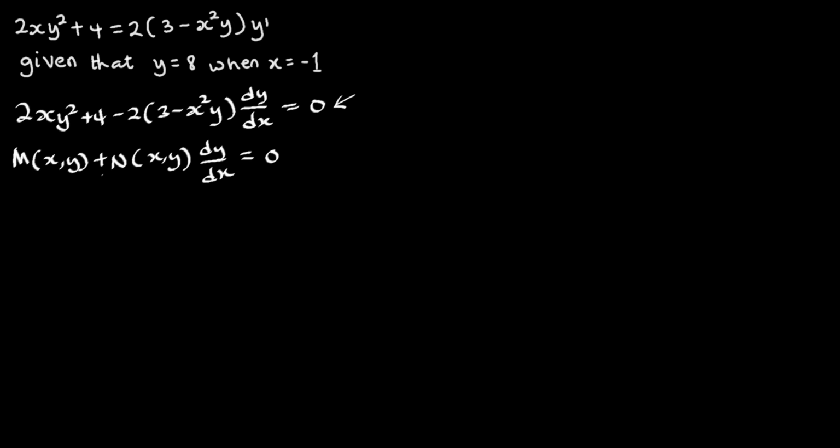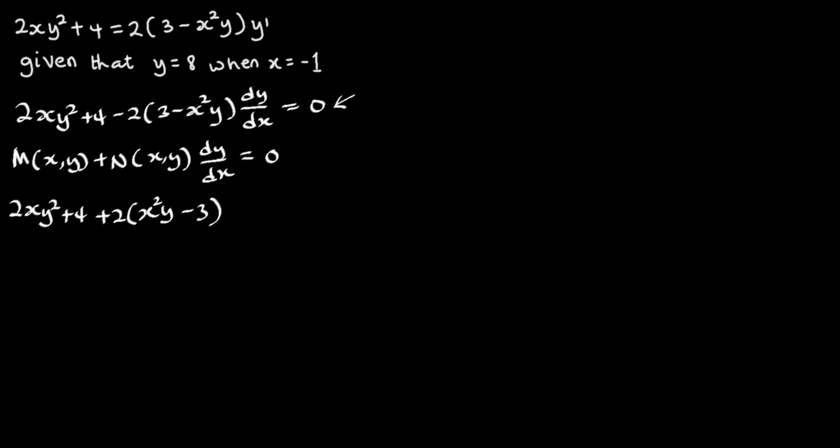But for the general form, you see that the M of x,y and N of x,y are separated by a plus. But over here, we have a minus, which means that I'll have to change the minus to a plus. So you're going to have 2xy squared plus 4, and because I want a plus there, I'll write plus 2, and then since I've changed the sign, we are going to have x squared y minus 3 in the bracket.